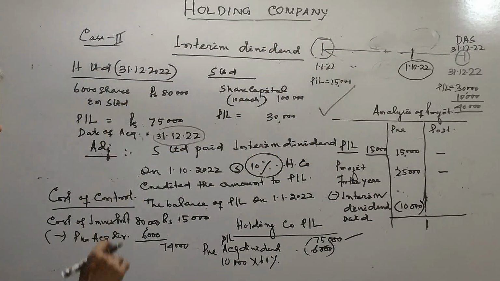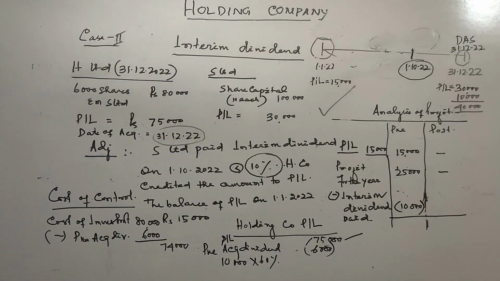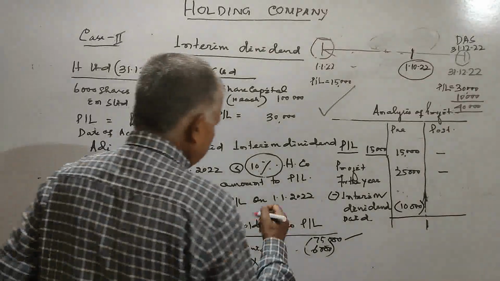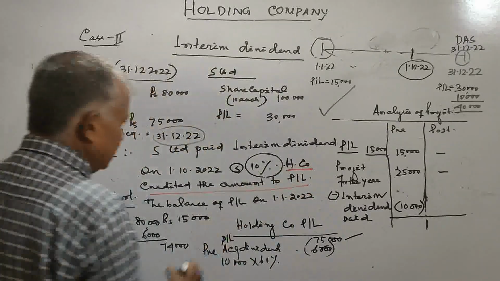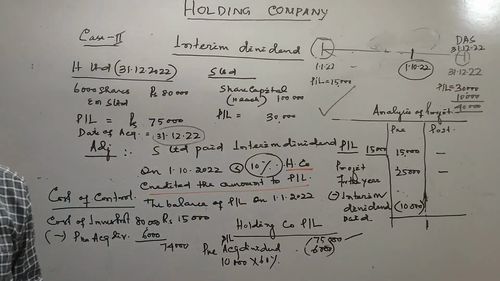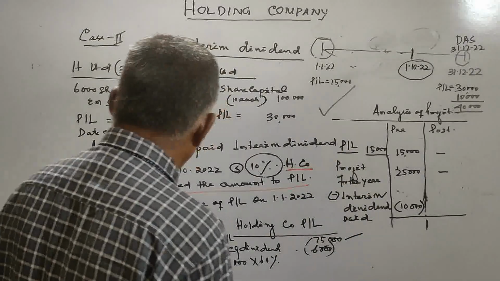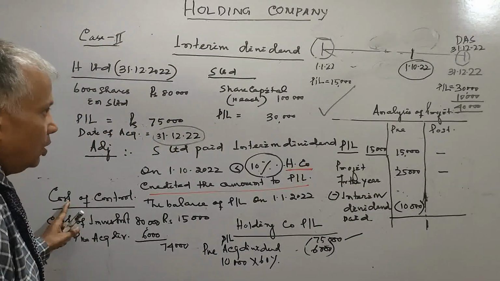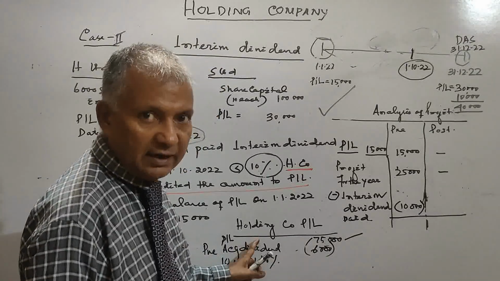Generally, if the line 'H Limited credited the amount to PL' is not given in your problem, then don't make any change in the cost of control or holding company PL.